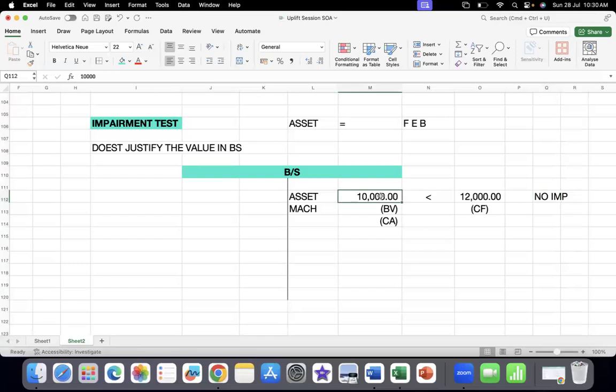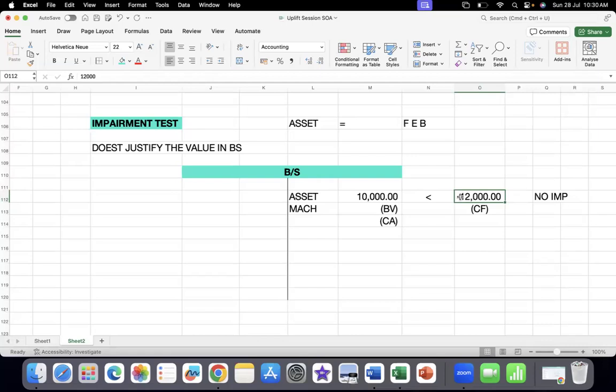So because 10,000 is what is going to give me revenue against 12,000, my book value is less than my cash flows. What I'll have to do is restate the value to 12,000, that is, increase my revenue.